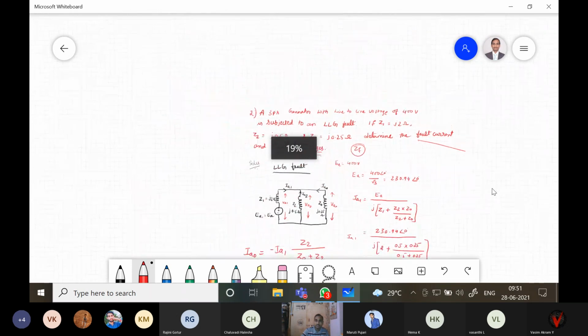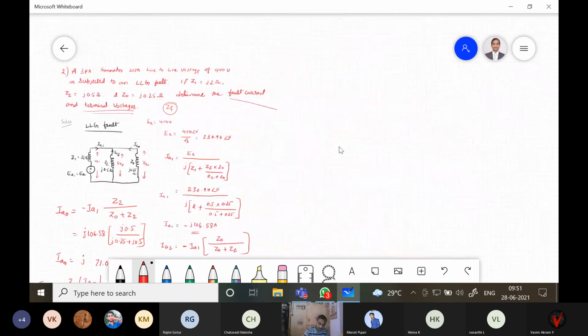Terminal voltages means the line voltages, that is VA, VB, VC.